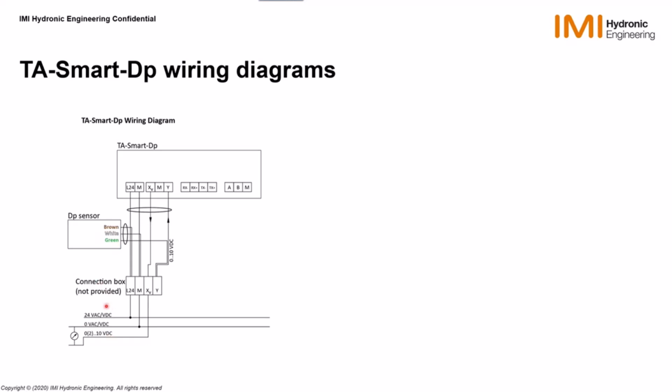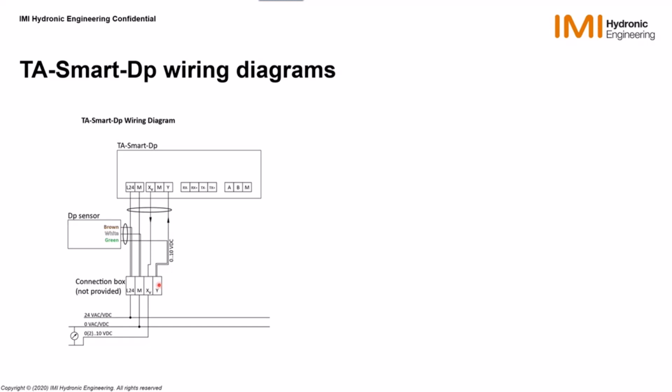As you can see, you need to power supply the sensor. So we use the connection box to be able actually to transfer live power energy, power supply, 24 volts to the delta P sensor here. So we connect to the live and the neutral, correct? And we take the signal out of the delta P sensor into a connection point here.